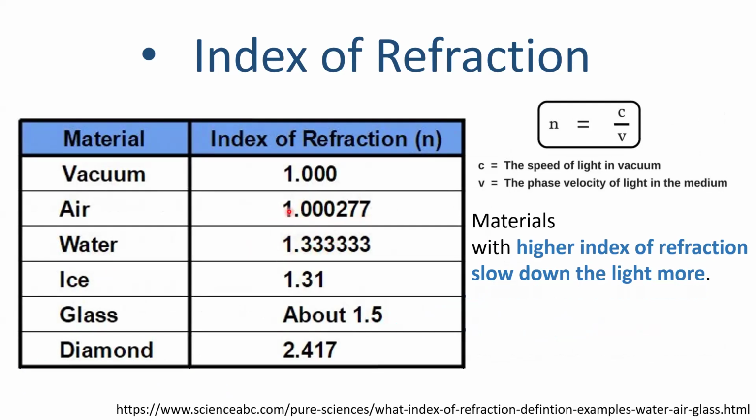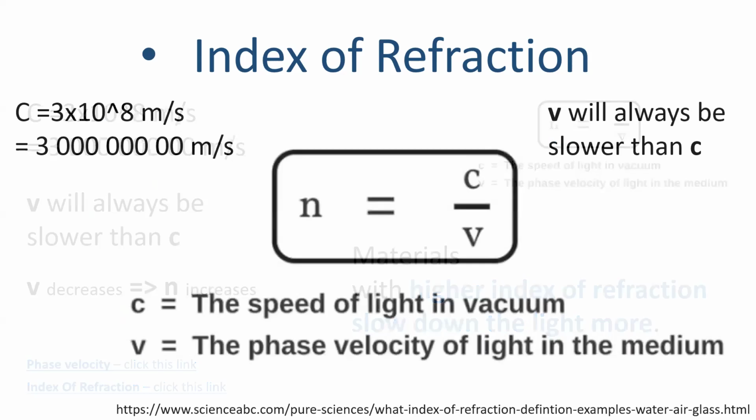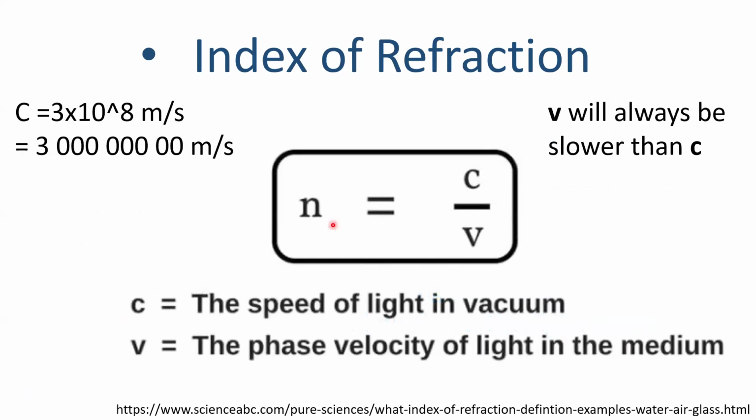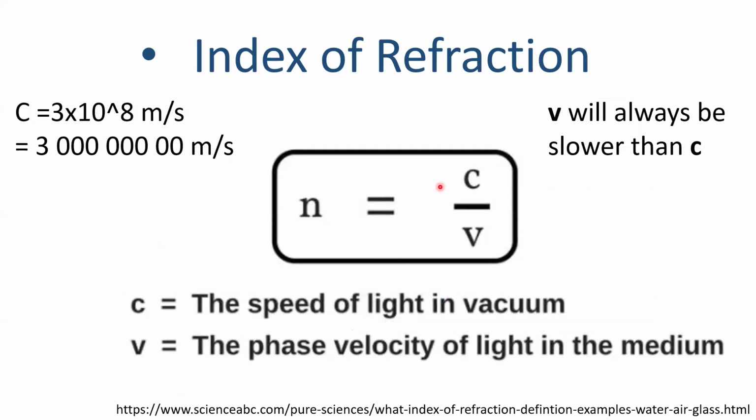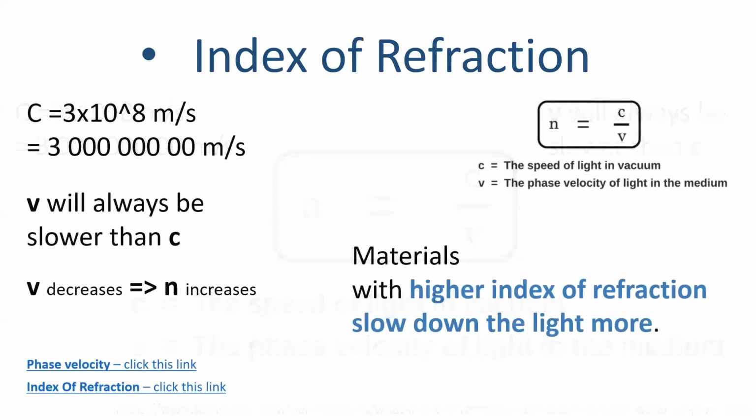See that? The more the light is being slowed down, the greater the refractive index is going to be. So the lowest is going to be 1.